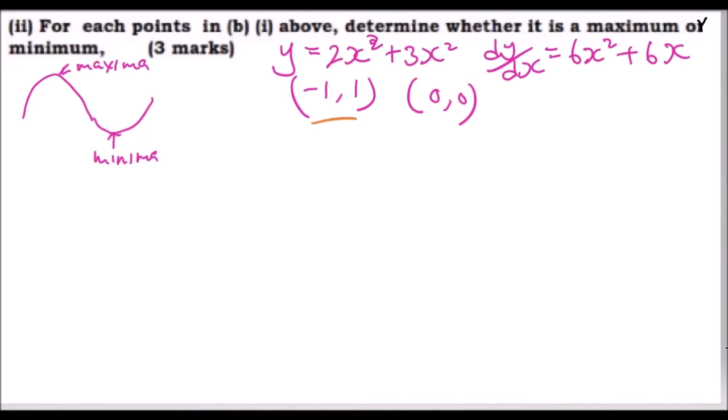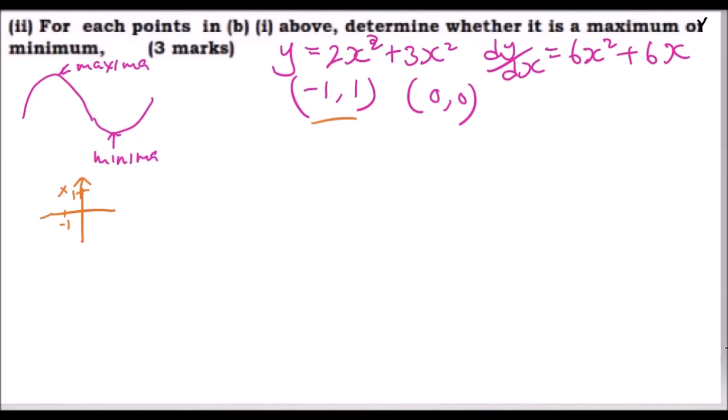So if we say this is our Cartesian plane, and we know our turning points, maybe we can put that one, that is 1, and that is minus 1. We know our turning point here. So we find the gradient at one point.